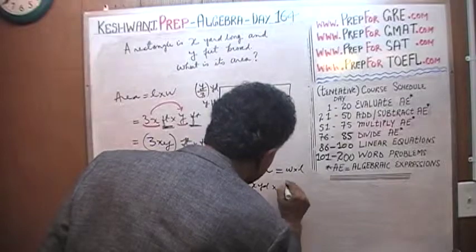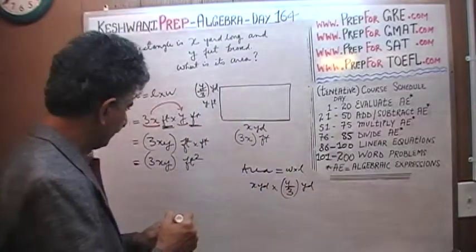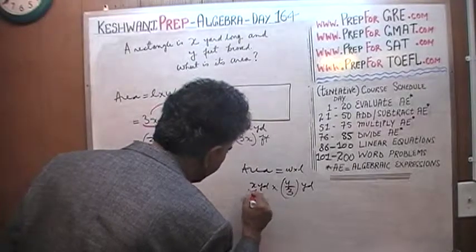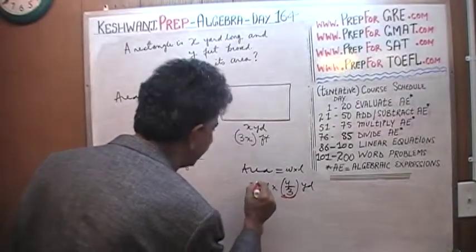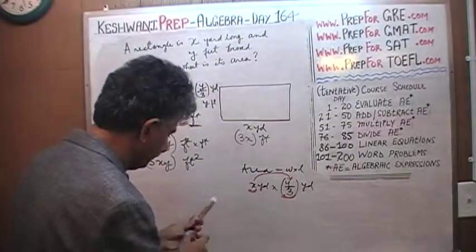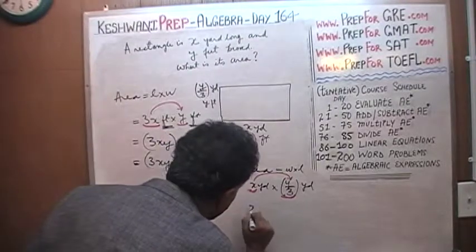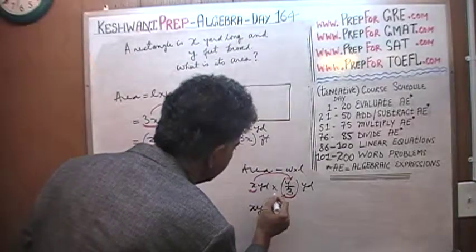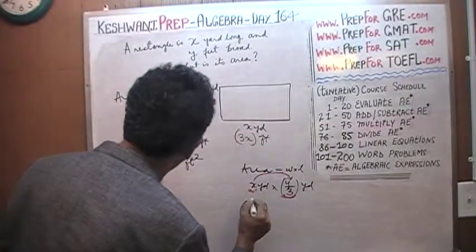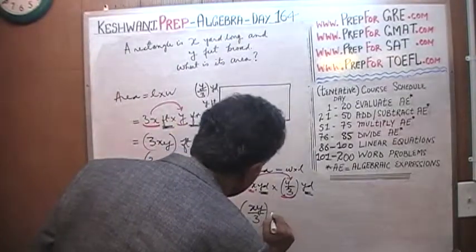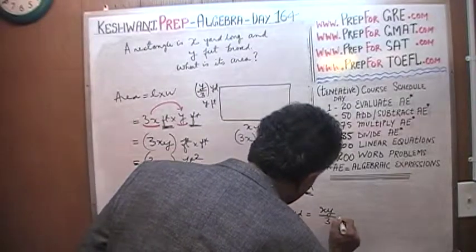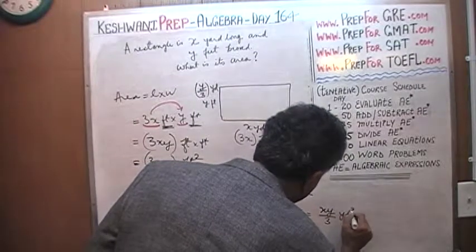Again, the same exact idea. Here's your x, here's y over 3. We multiply the two together and we get x times y over 3, and then we get yard times yard, square yard.